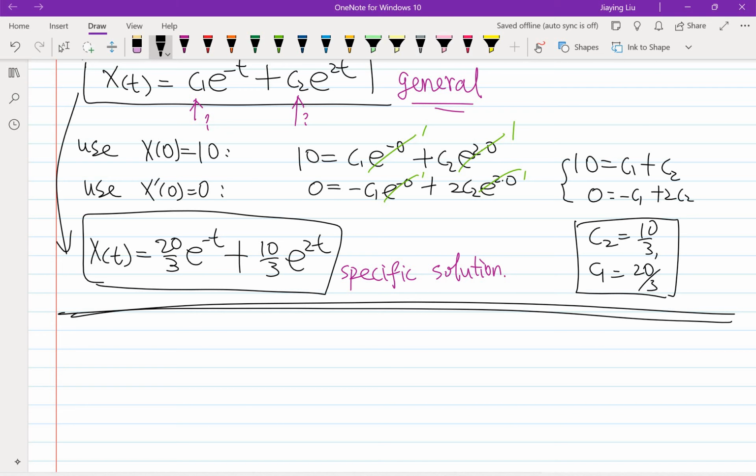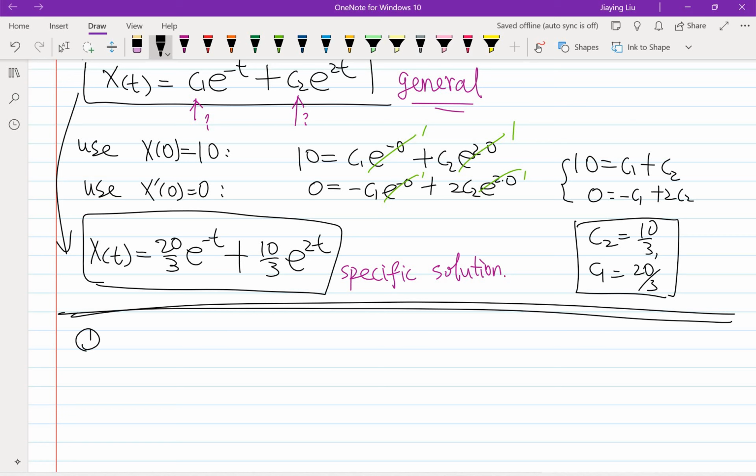Any questions? All right, if you don't have questions, I'm going to move on to the next part, which is I'm going to write down, in the book there were 4 common differential equations, and the solutions are given.